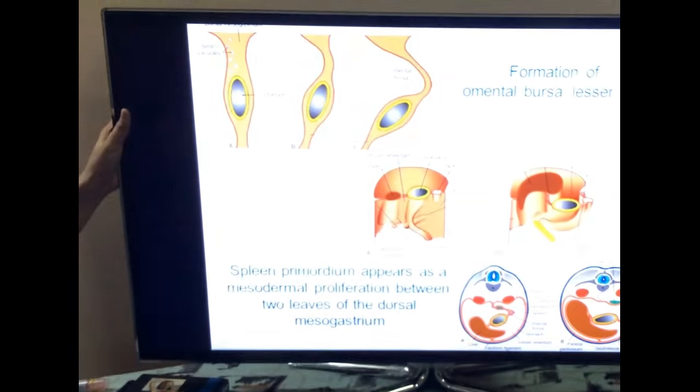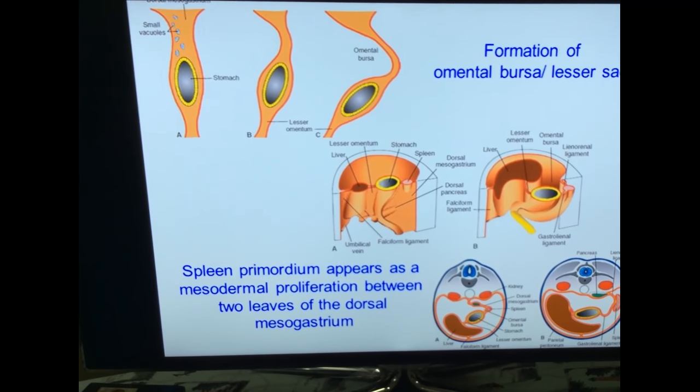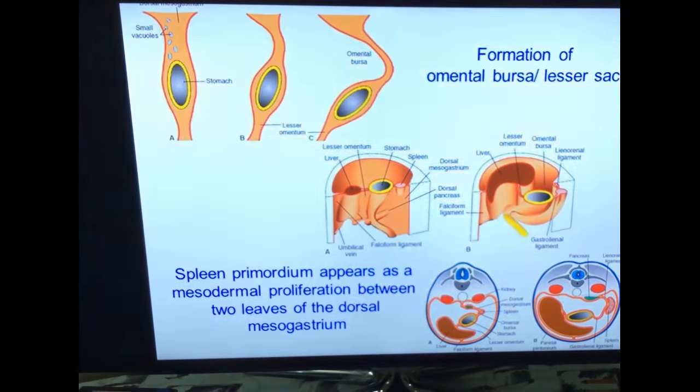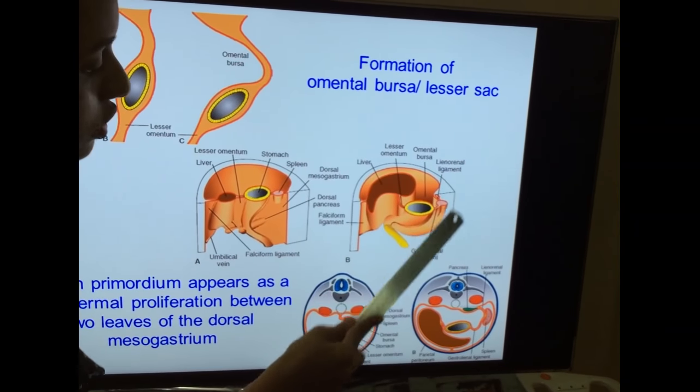It disappears and directly it will be connected to the left kidney, which leads to the formation of two ligaments called the lienorenal ligament and the gastrolienal ligament. Okay, so you can see here they have mentioned two ligaments.